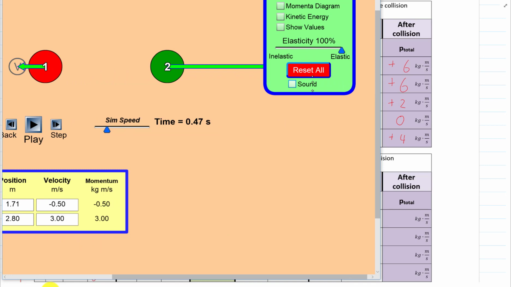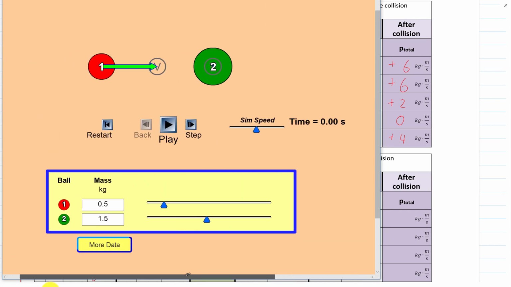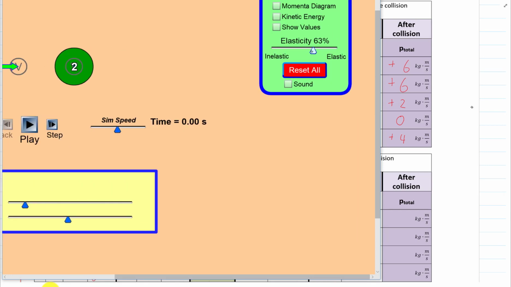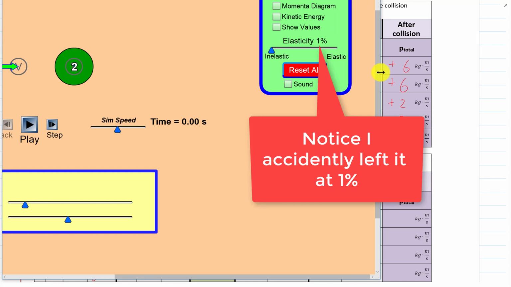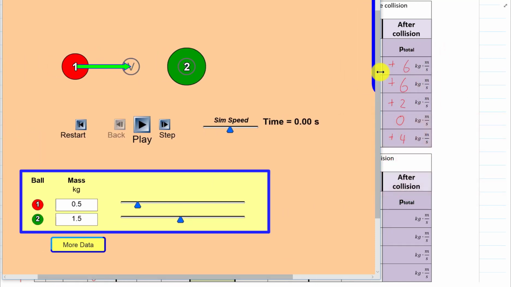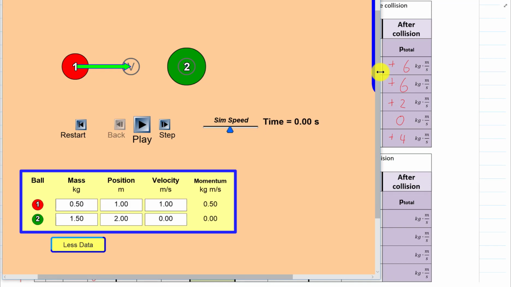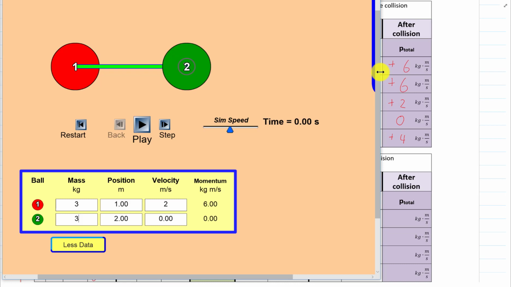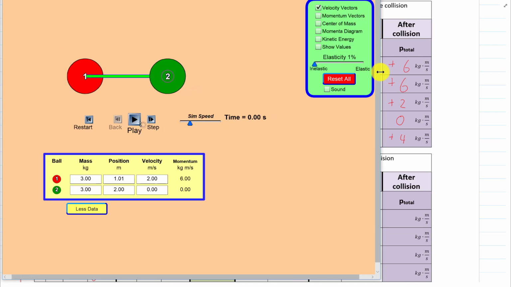Okay, so we're going to do these ones, 3, 2, and 3, 0. So let's go over here and reset it. And change the elasticity down to low. Okay, 3, 2, 3, and what's going to happen? Sim speed down, slow it down.